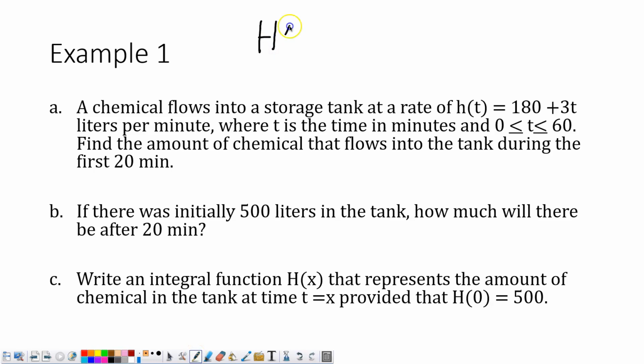But h of x is equal to the starting amount plus the integral from what to what? 0 to, we've been doing 20, but it's not telling us the final amount for this one. It just says ending at any random time x. So it's from 0 to x, and we are integrating the little h function, which I think should be a t, actually.